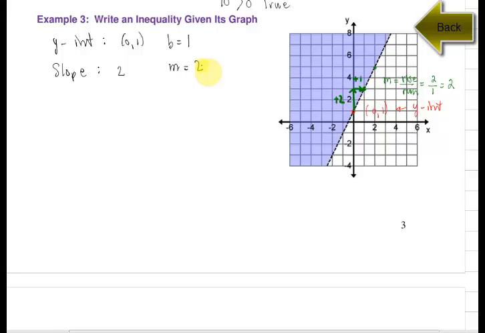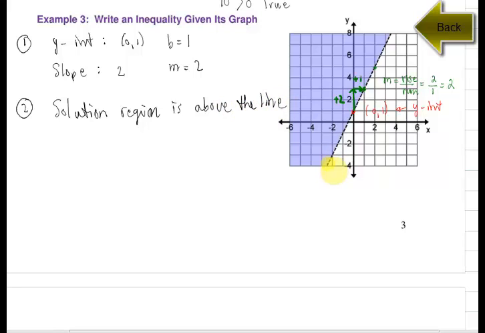Okay, now the other thing that I want to take into consideration, so I'll just call this part 1 and this part 2, I want to consider my inequality. Now I notice that my shading is above my line. So the shading, the solution region, is above the line.